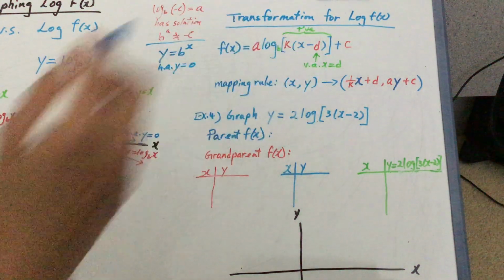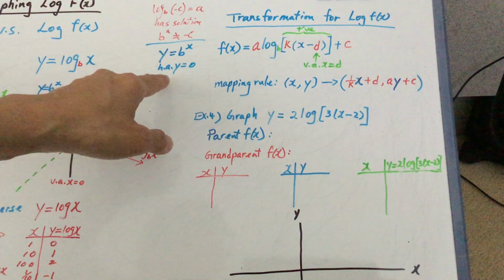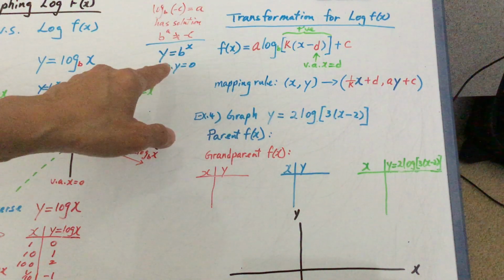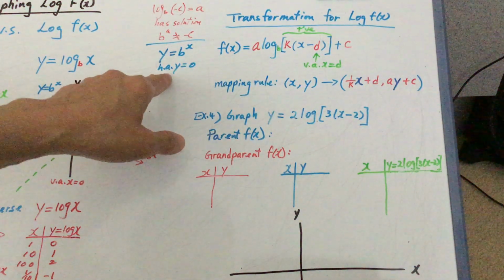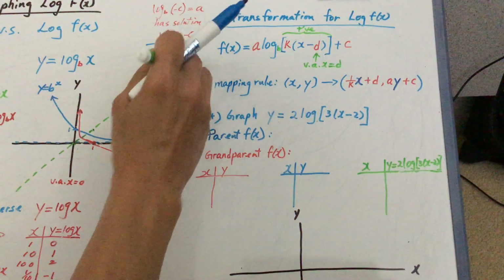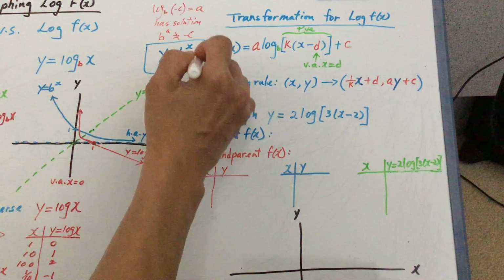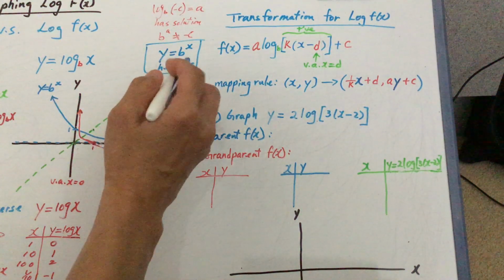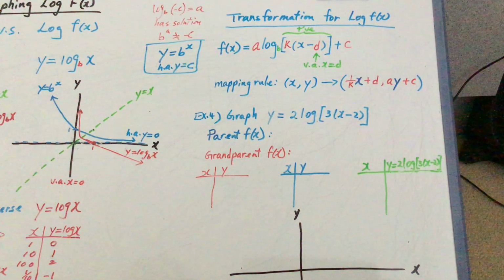Because this one is the inverse of the exponential, in the exponential form, the c will tell us where the horizontal asymptote is. In general, maybe I shouldn't say this is y equal to 0, but y equal to c. So in the exponential functions with transformations, the c will tell us where the horizontal asymptote is happening.